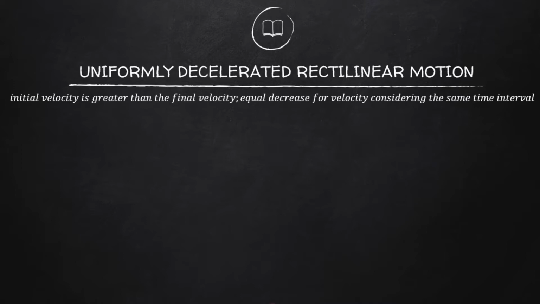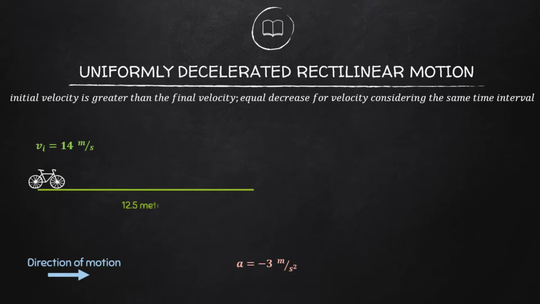If you will consider the same bicycle and it will have its direction of motion going to the right, its initial velocity is 14 meters per second with an acceleration, or deceleration in this case because it is a negative value. Acceleration is equal to negative 3 meters per second squared. So, after 1 second, it has traveled 12.5 meters.